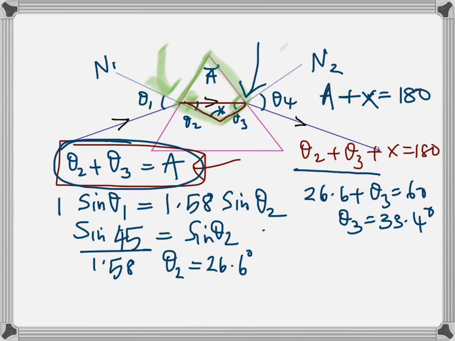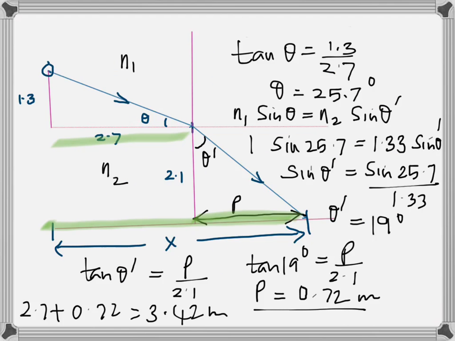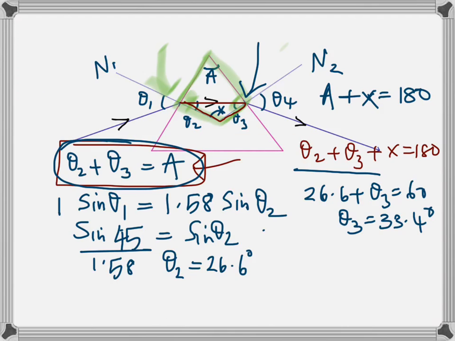That's all. Since I have no space below, let me write it on top. Okay, apply Snell's law. Be careful. At the second phase, when you apply Snell's law, what's N1? 1.58.